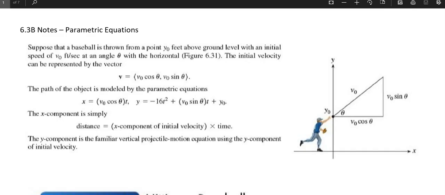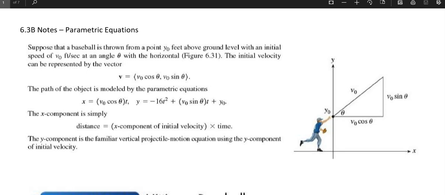Back in Algebra 2, we taught you about projectile motion. Okay, but we basically talked only about the vertical component. Stay with me. You really need to focus on this. We only talked about the vertical component.